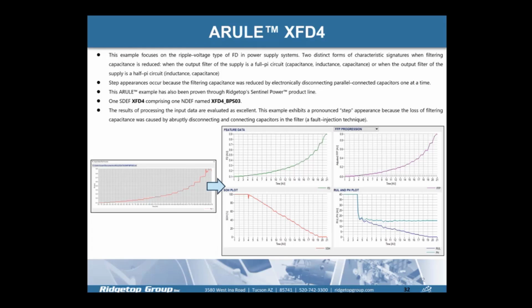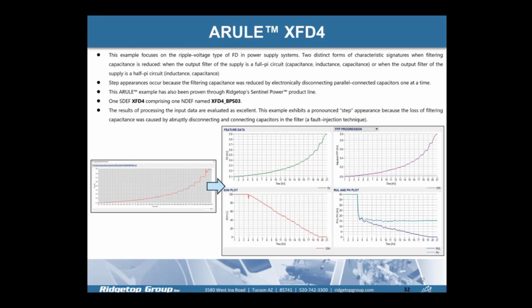Once the whole scenario was run through ARULE, you can see to the bottom right here, you get beautiful RUL and pH plots that indeed show the power supply system failing in about 21 minutes. Corresponding to that, you also have a very stable SOH plot that also falls to zero in about 21 minutes. Next.